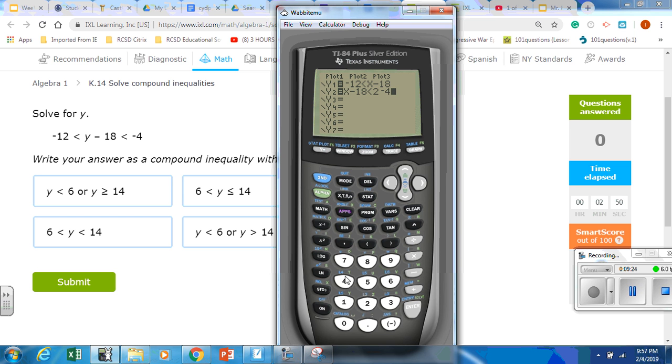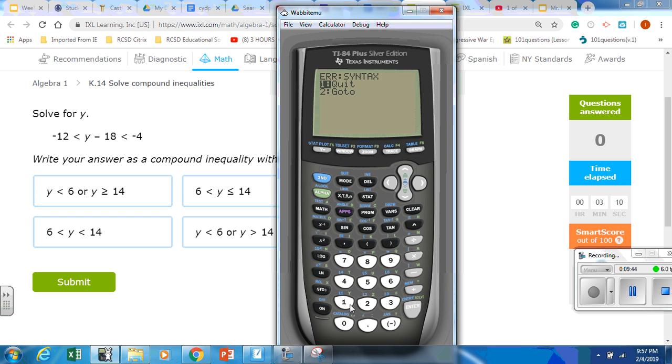Now hopefully my graph will actually work. Graph. Okay, it's not going to show me a nice picture. We're going to hit quit, and then second graph. Oh, still something wrong here.